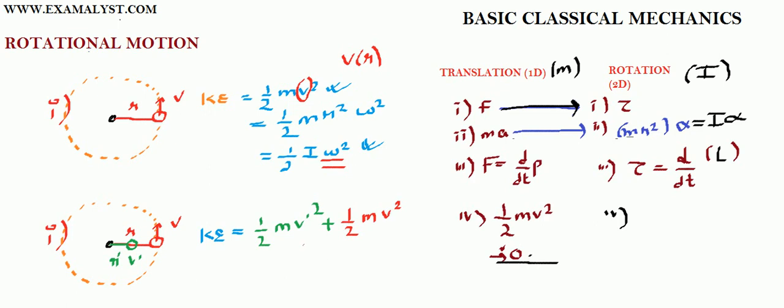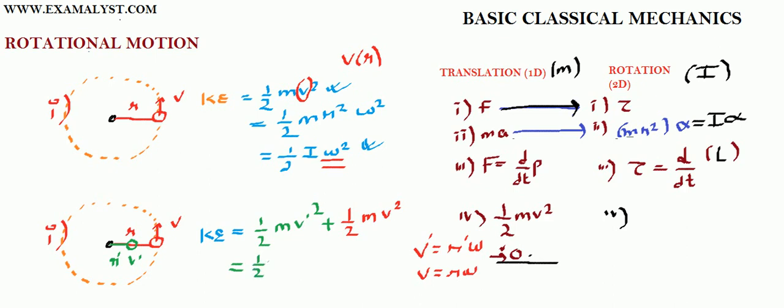Why? So what will be v dash? You know that v dash will be r dash into omega because omega is constant, and v will be r into omega. So let us see what happens when we introduce this omega. We know that omega is the same for all the balls, whether you are near or far.